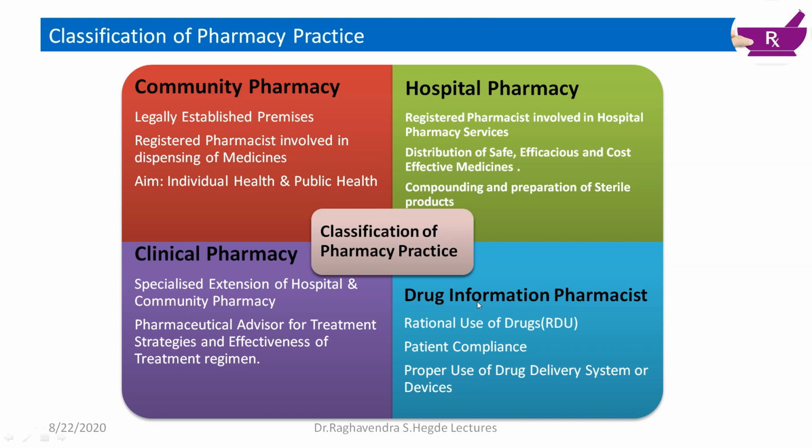So thereby he is promoting and educating the patients. Through poison or drug information centers which work around the clock, he is providing valuable information to the medical persons as well as paramedical professionals, and he is providing patient care. And he tells about the proper use of drug delivery systems or devices.